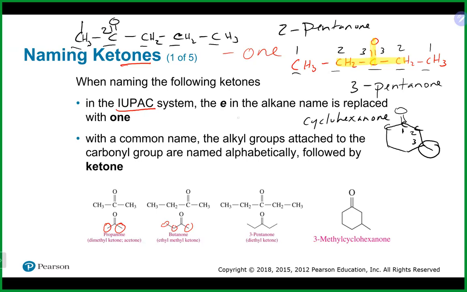And that is where the 3-methyl comes from: 3-methylcyclohexanone. So if you have a cycloketone, you don't need to give the location of the carbon-oxygen double bond, but much like with the aldehyde, it will be carbon number 1 wherever it's located, and that will determine how you number other groups attached to the ring. Any questions on that there?